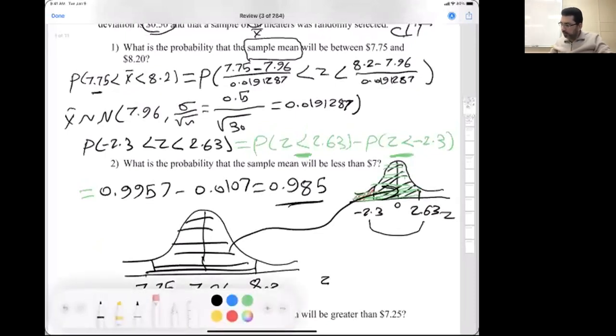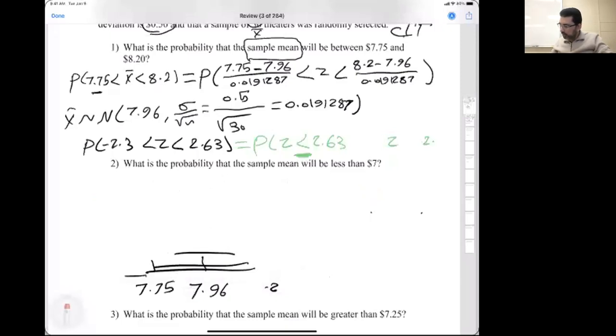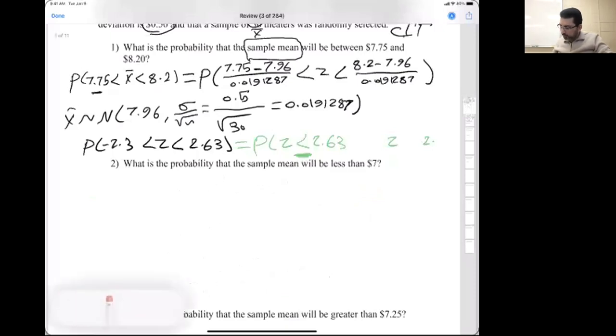The second one is the same idea, but we have a different probability. What is the probability that the sample mean will be less than 7? Or the average price for the movie ticket is less than $7.